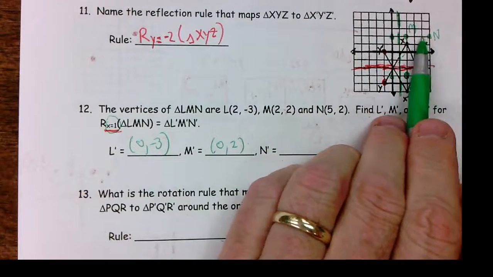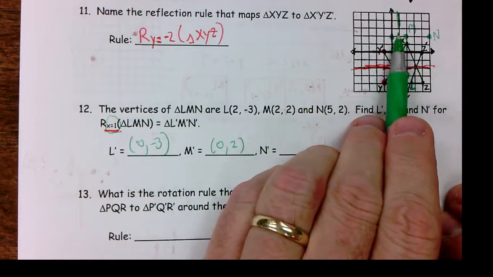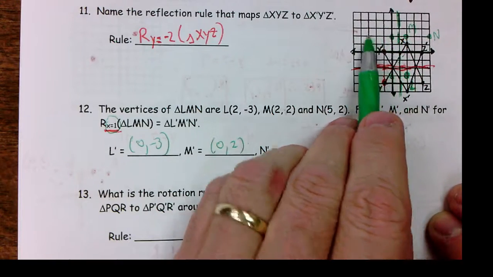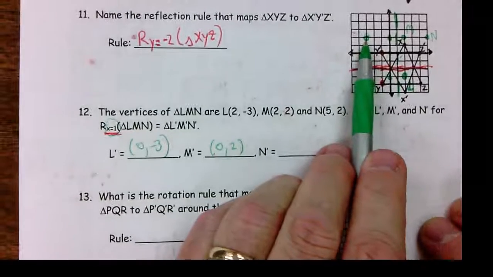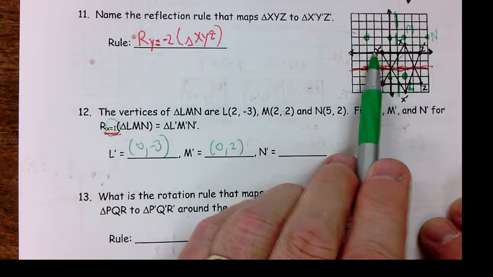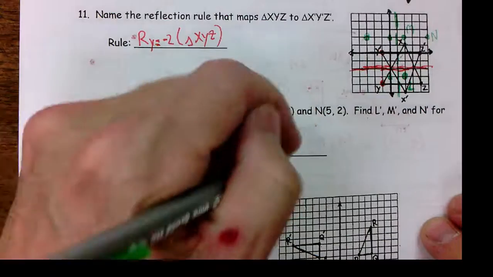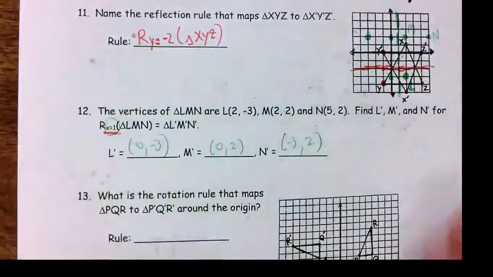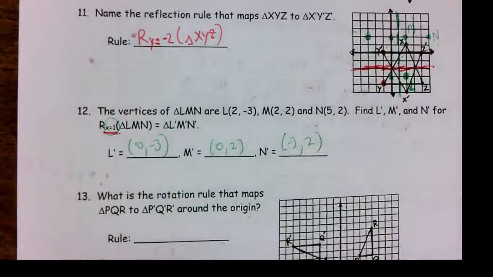And N would be 4 spots to the line, 4 spots to the other side. It ends up right here, and that's the point negative 3, 2. And I have the coordinates of the reflection.